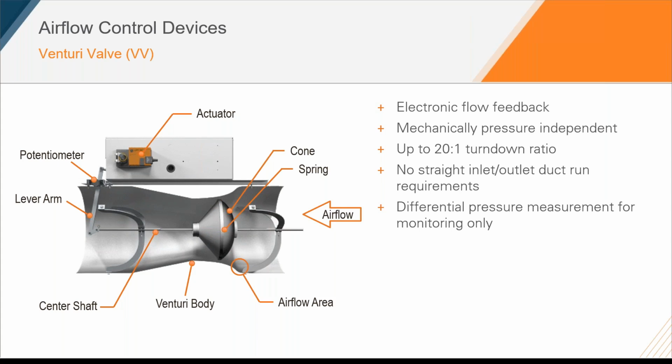What this means is, let's say this valve can control to 100 CFM, we now have the ability of controlling from 100 CFM all the way to 2000 CFM. Additionally, because there are no sensors inside the airstream calculating airflow, turbulence won't affect the controllability of this valve. So there's no requirement to have any straight inlet or outlet duct run.